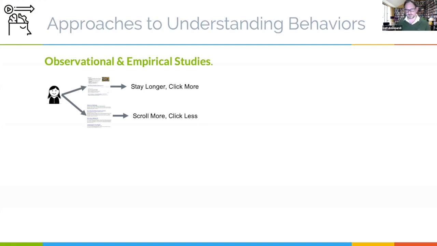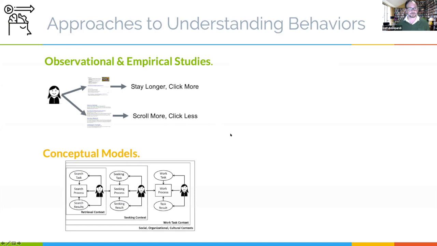If we have a system, we start looking at the data and see whether they click more or click less, right? On the other hand, we've had a lot of people develop conceptual models. So this one here is Ingwersen and Järvelin's information seeking and retrieval model, which is a sort of conceptual model about the different factors that could influence people's search, seeking, and work tasks.